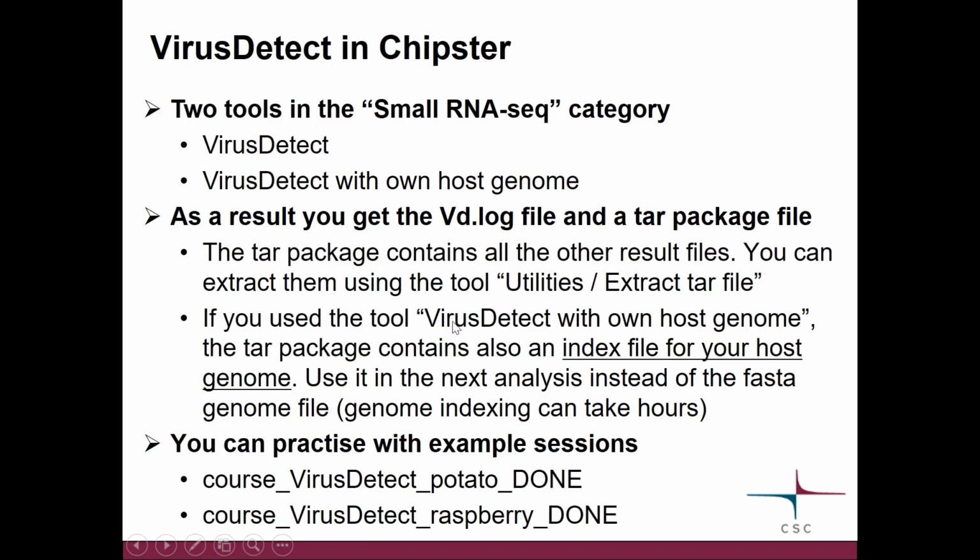What happens when VirusDetect uses your host genome as FASTA is that it has to convert it from FASTA to a genome index file before it runs the BWA aligner. Depending on the size of the genome, if the host genome is big, this process can take several hours.